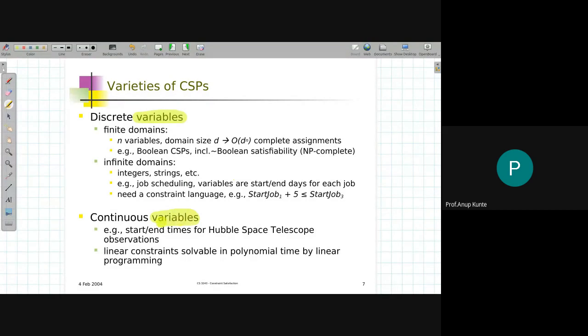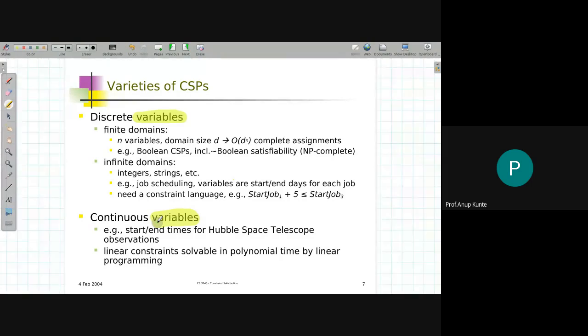So based on variables, I can classify CSPs into two categories: one having discrete variables, and the second where the variables have a continuous domain. So the domain of the variables decides what kind of CSP you have.